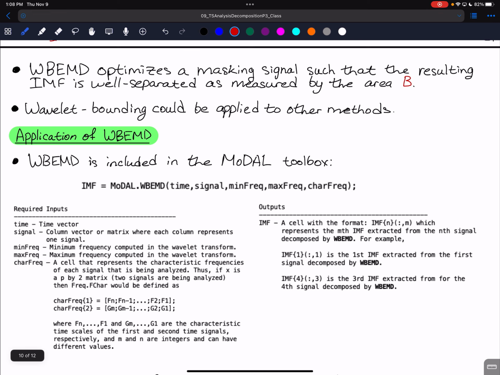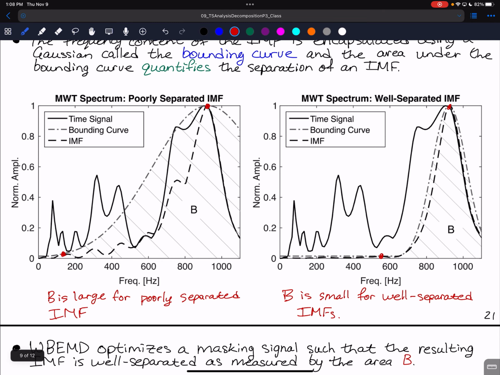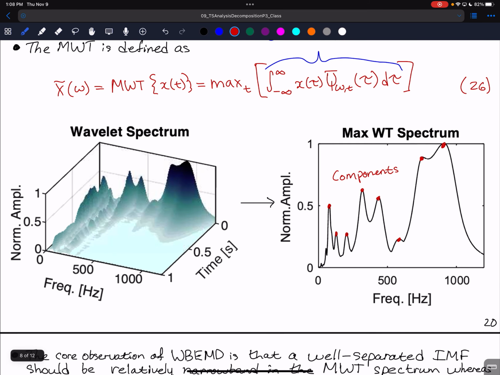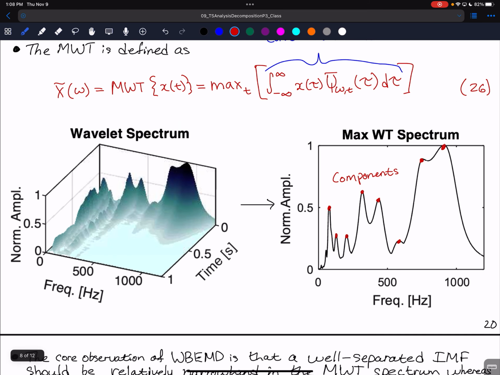So I'm going to back up a little bit here. We're going to go right here where I drew these. So when I say characteristic frequencies, you will look at the wavelet transform as well as this MWT, and what you'll look for is peaks like this, and this is where you get what your characteristic frequencies are.